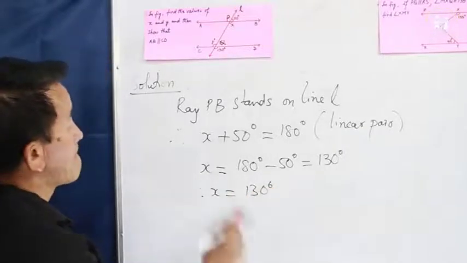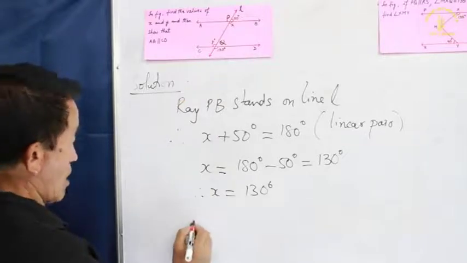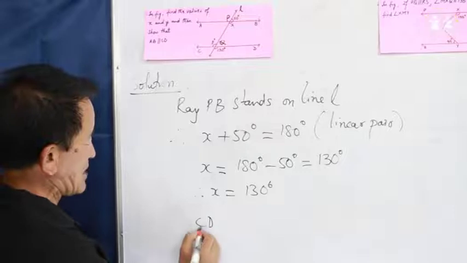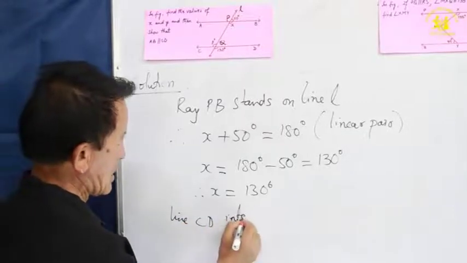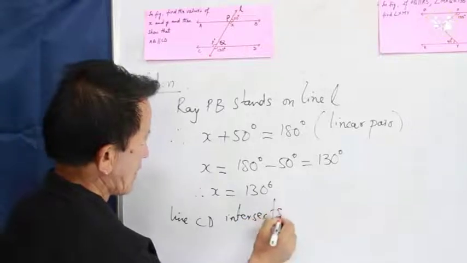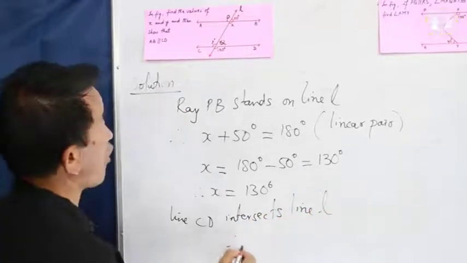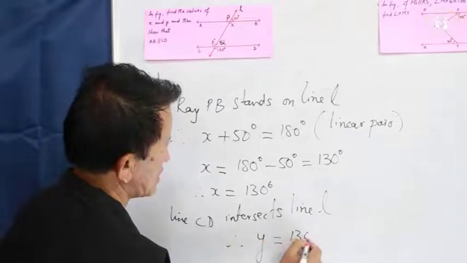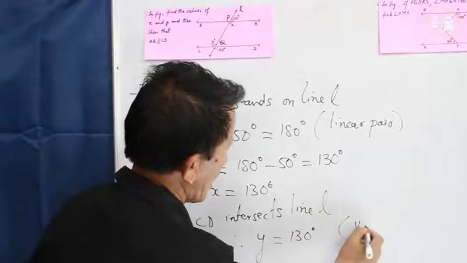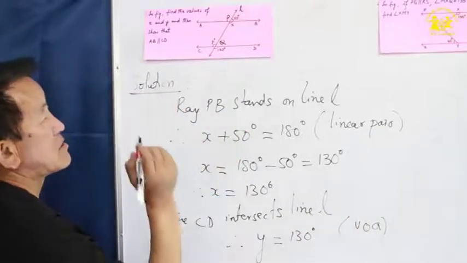And then line CD intersects line L, therefore Y is equal to 130 degrees. They form a pair of vertically opposite angles.